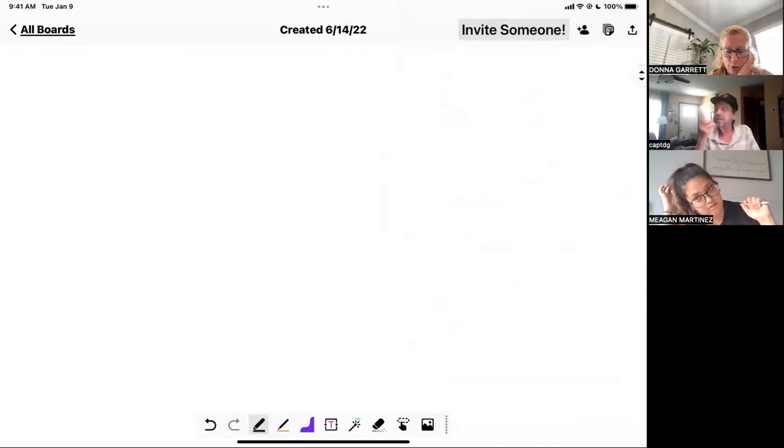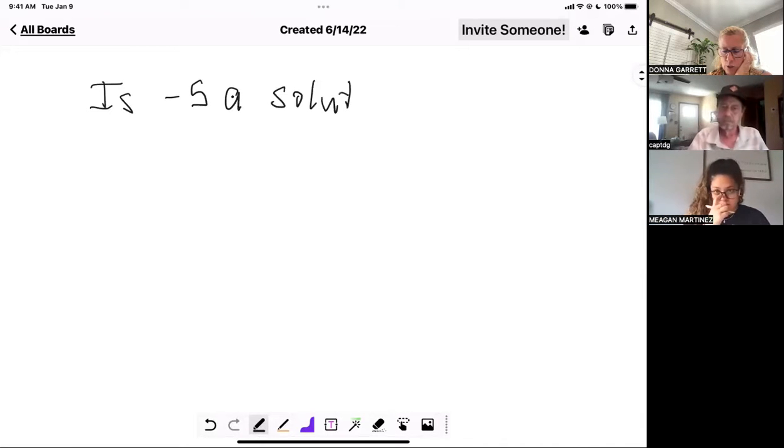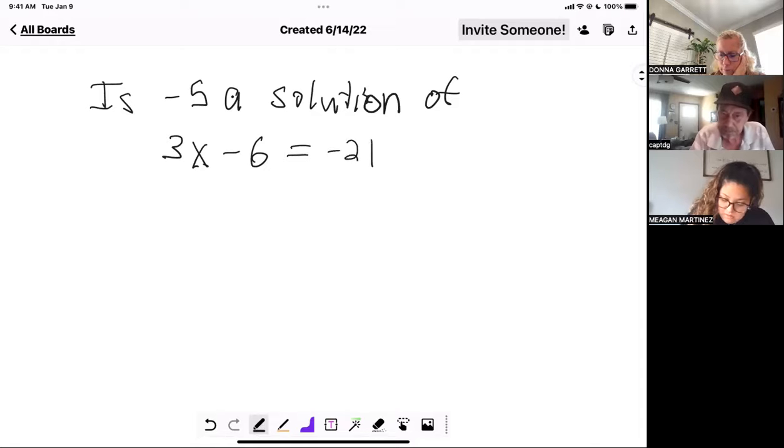So if x is negative 5 and the result is negative 21, what would you do?